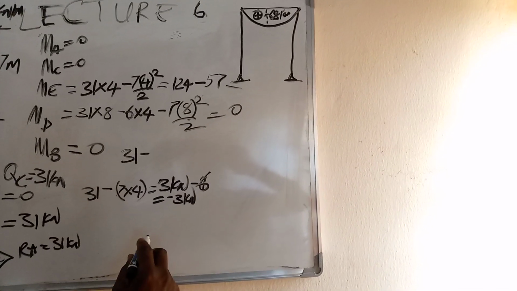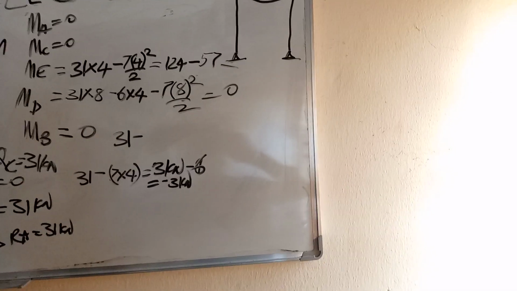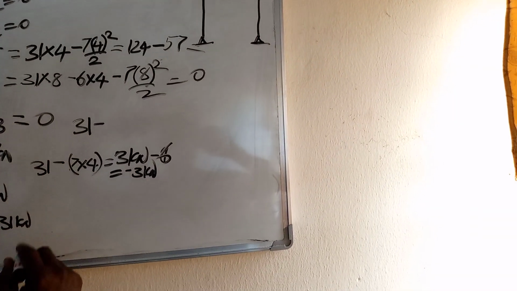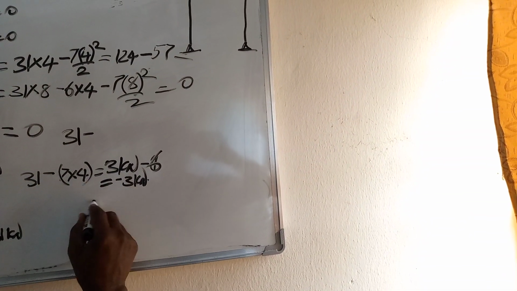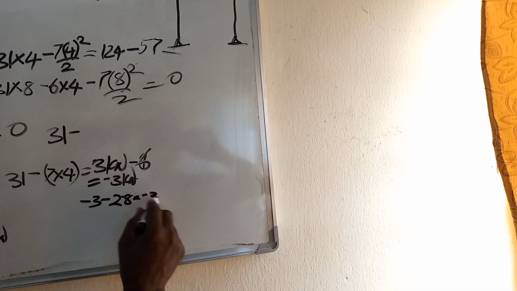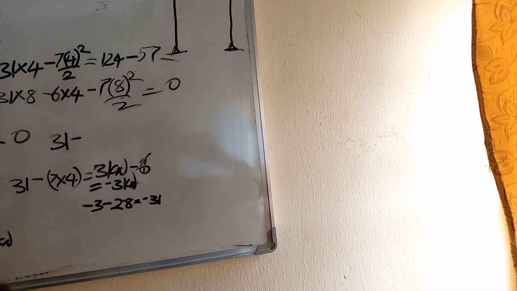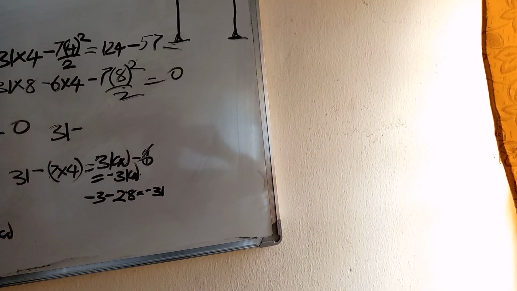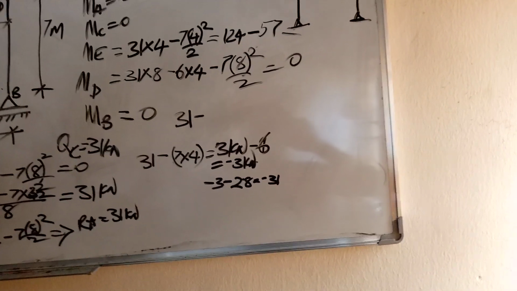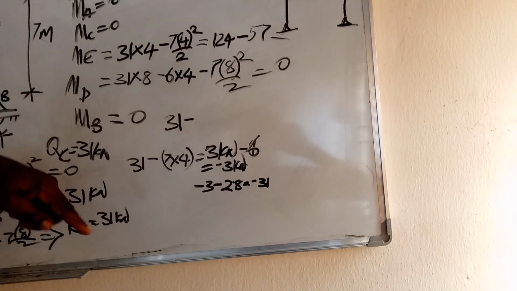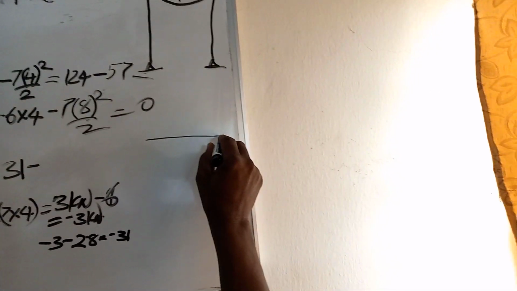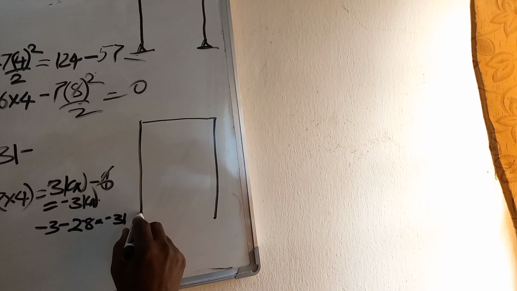Minus 3 minus 7 times 4, which is minus 3 minus 28, which is minus 31. Getting to D, minus 31 meets reaction B, which is also 31, and closes up to 0, minus 31 plus 31.